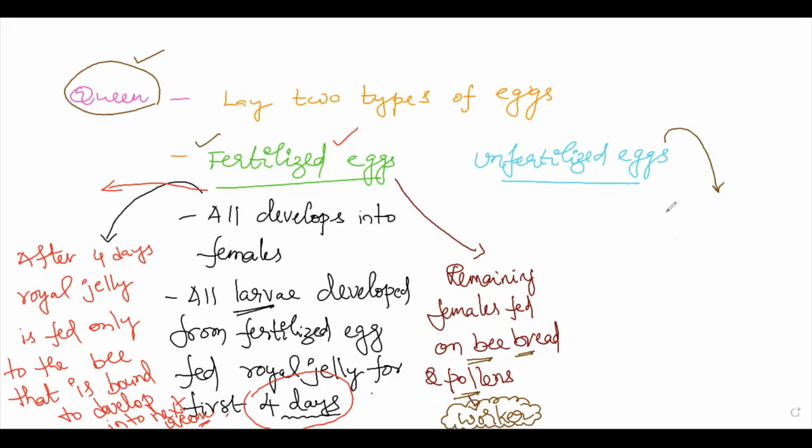What about unfertilized eggs? Unfertilized eggs are unfertilized ova, which develop into males. That means drones are the males developed from unfertilized eggs.